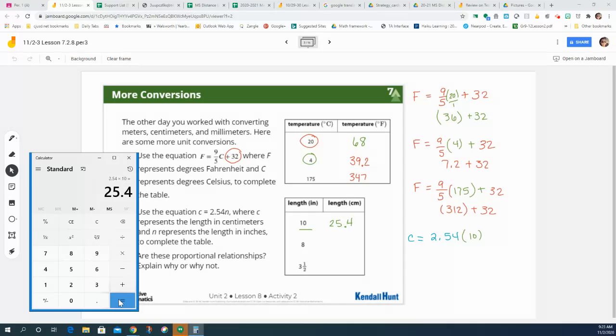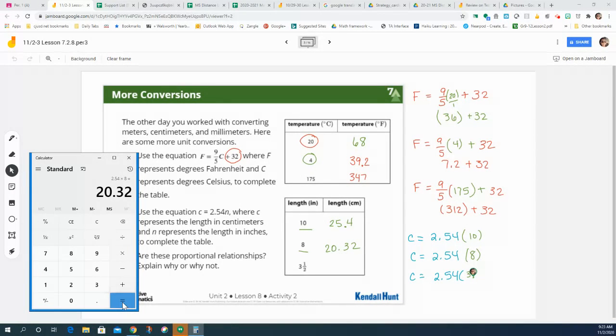And then we're going to repeat. This time, instead of 10, we're going to write 8 because that's the next number. And we get 20.32. And the last one, C is equal to 2.54 times 3.5.